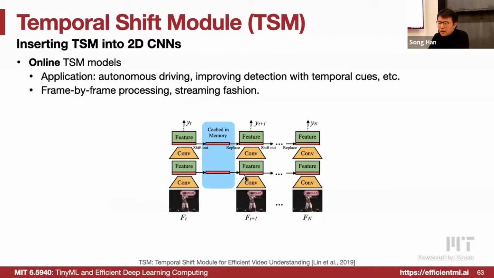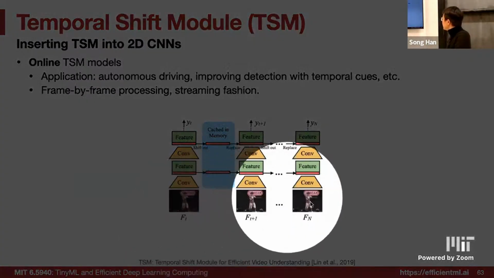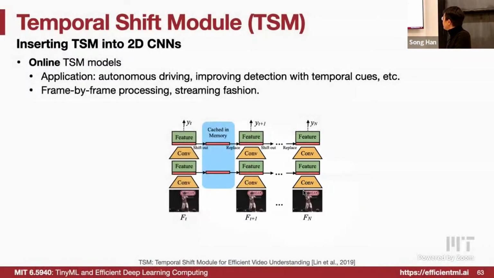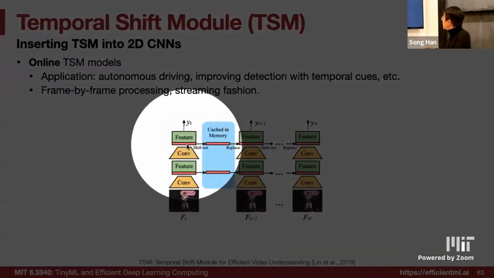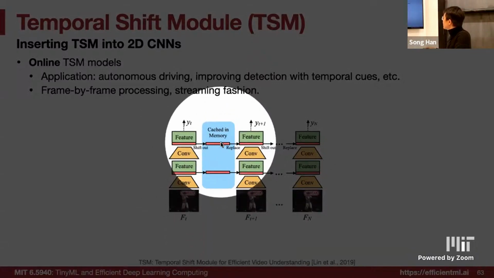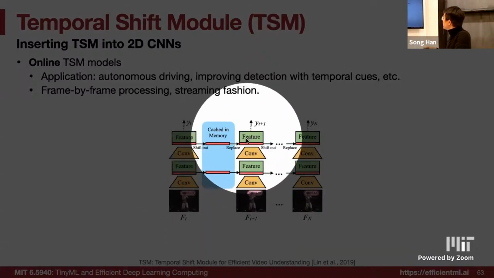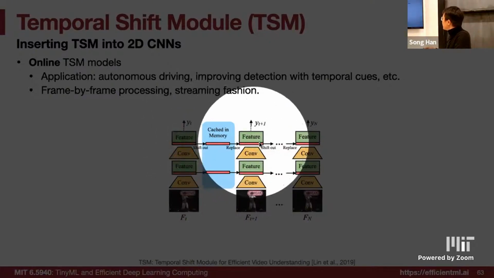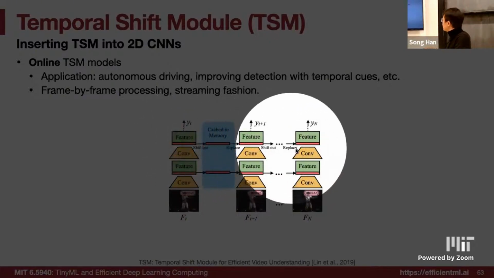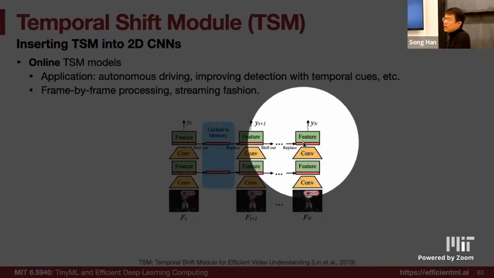This is online TSM module, like autonomous driving scenario. It's frame by frame processing in a streaming fashion from F1 all the way to Fn. So what we do here is, after we compute part of the channels, we actually shift it out, cache it in the memory. And for the next layer, we replace that channel with the previous time frame's channel, okay, and shift out the current channel and feed it to the next timestamp.